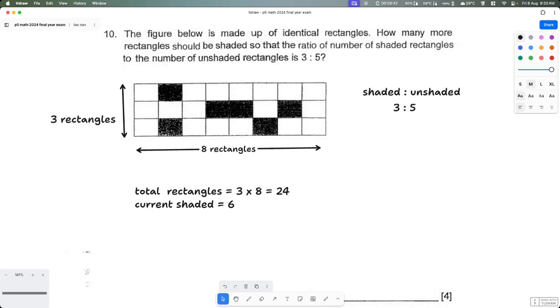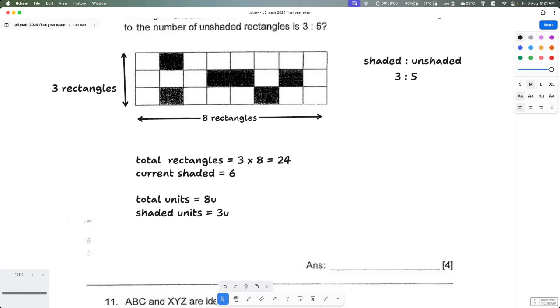So basically, for the new shaded, total units is equal to 8 units, and shaded units is equal to 3 units.